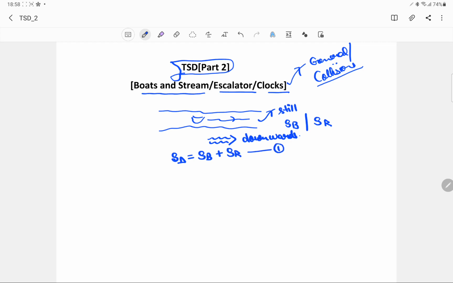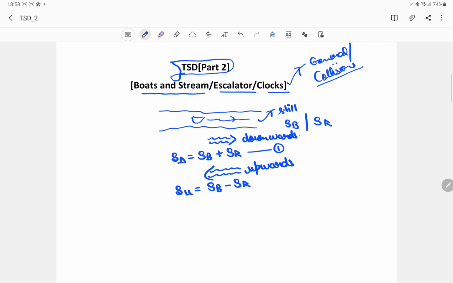Okay, and if it is going in the opposite direction, that is, upwards or against the current, then the speed upward would be equal to speed of the boat minus speed of the river.